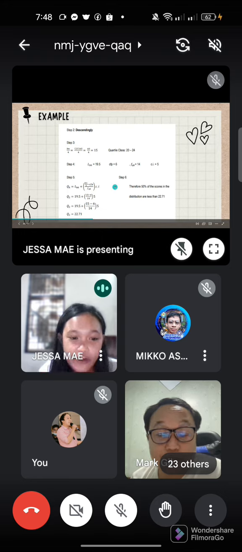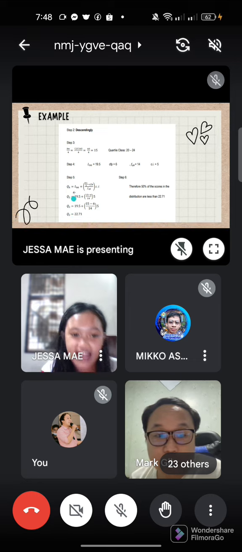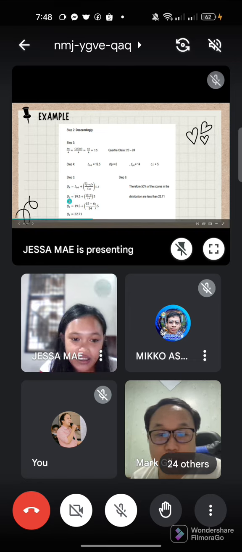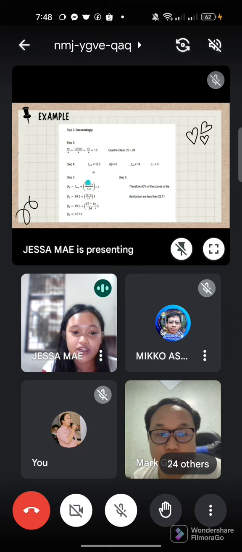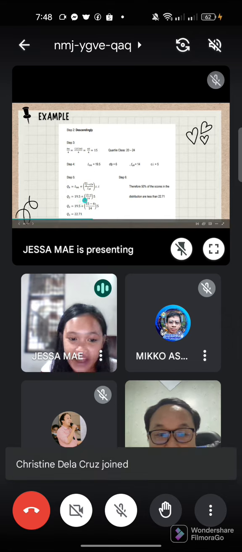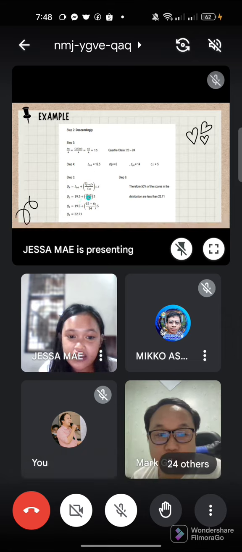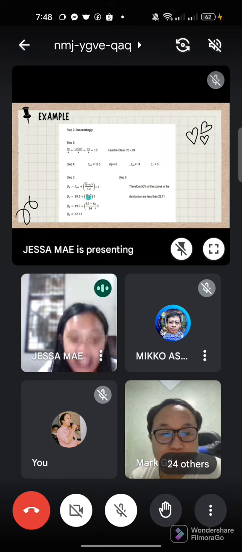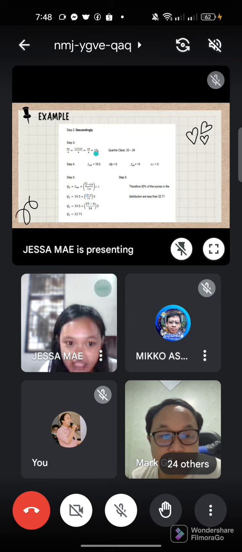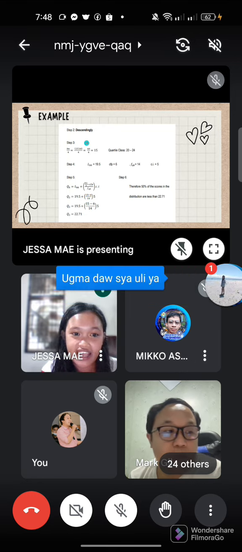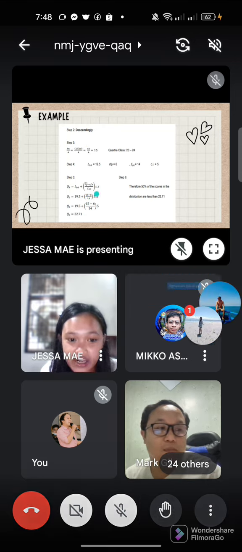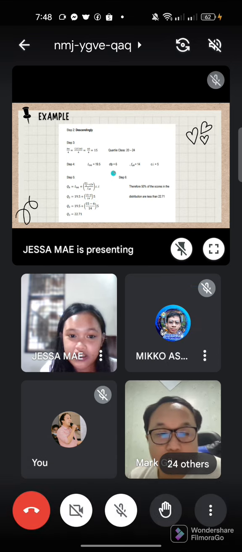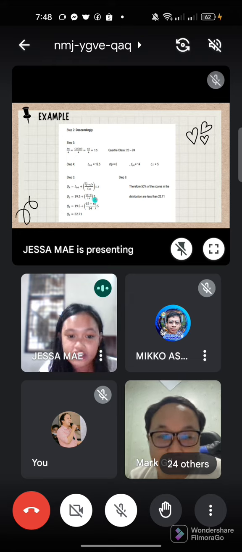So the formula is the one I mentioned earlier. Quartile 2 equals the lower boundary 19.5 plus KN over 4, which is the 15 we solved earlier, minus 6, the cumulative frequency, over 14, times 5, which is the class interval.